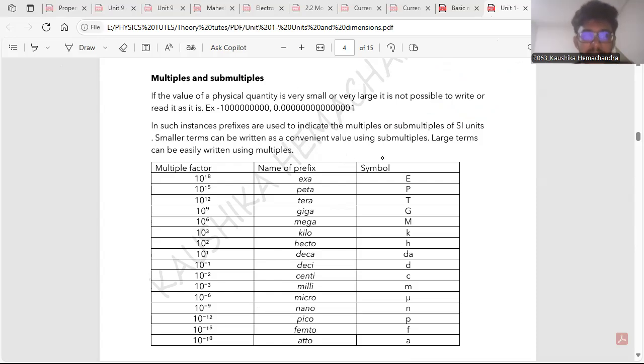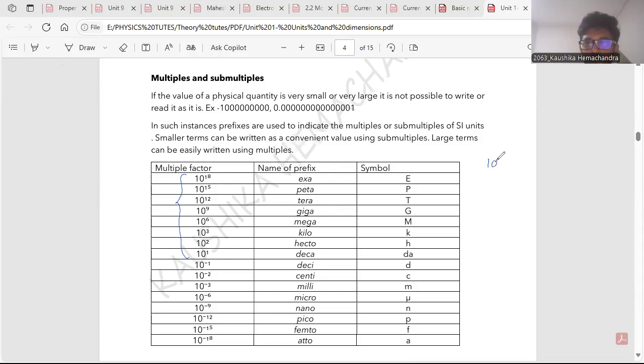So prefixes can be divided as multiples and submultiples, right? Multiples are used to denote larger terms. These are the multiples from 10 to the power 1 to 10 to the power 18, right? So multiples are used to represent very large numbers.